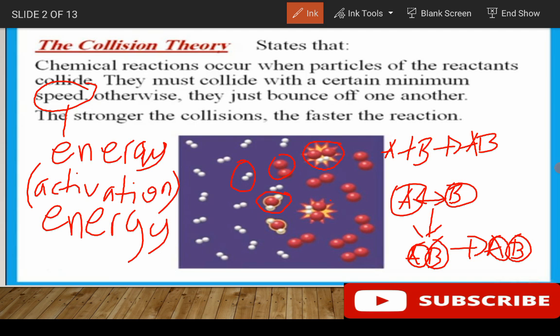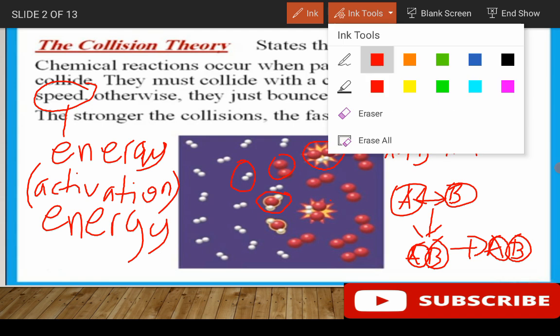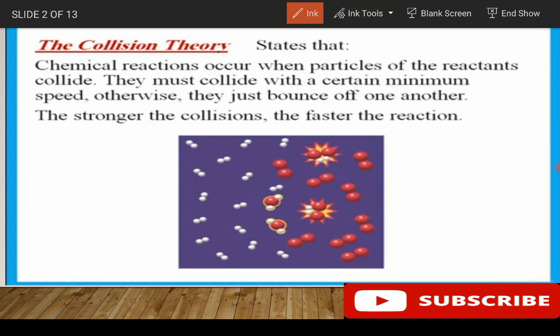Let me give you an example. Suppose you want to react sodium metal with water. Sodium metal contains metal atoms, so you have sodium metal atoms, and the water is H2O.